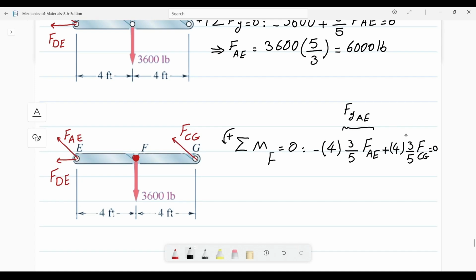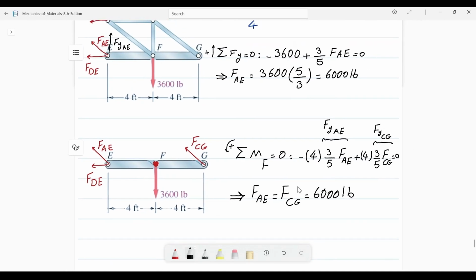That means FYCG. And here we have FAE equal to FCG. That means FCG is equal to 6,000 pounds too.